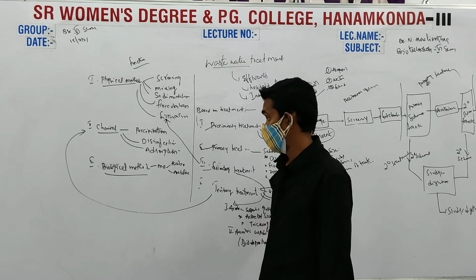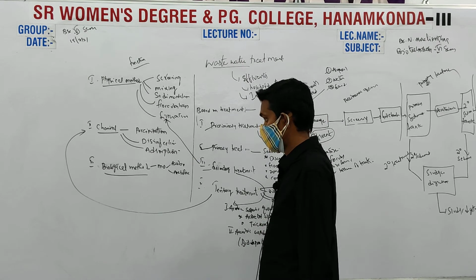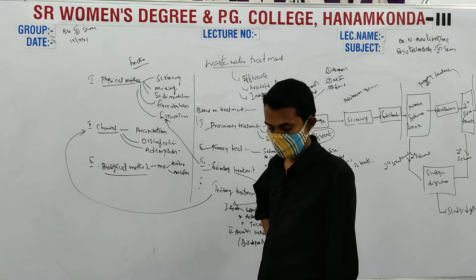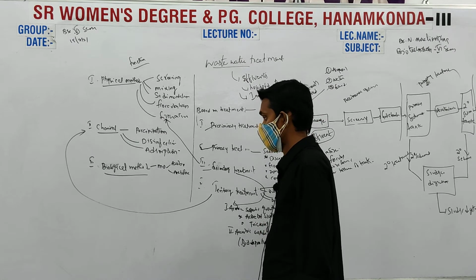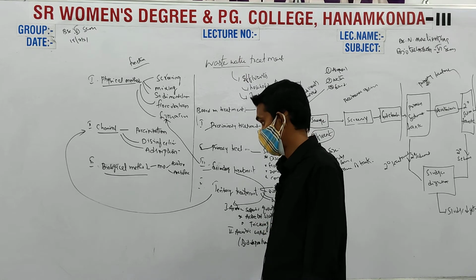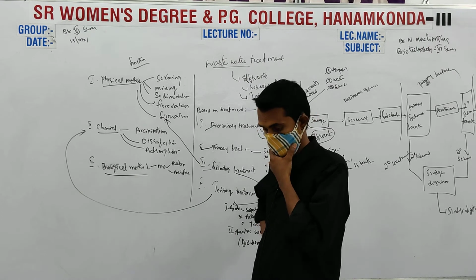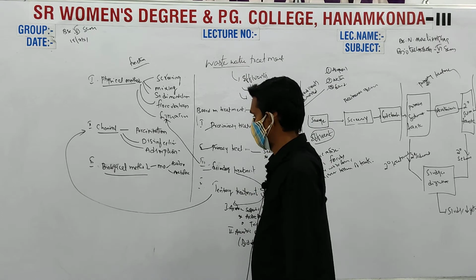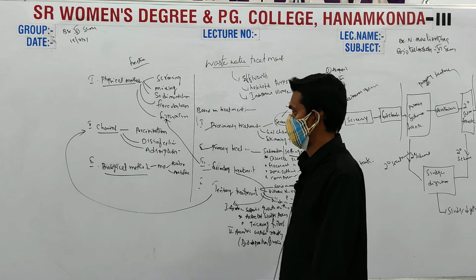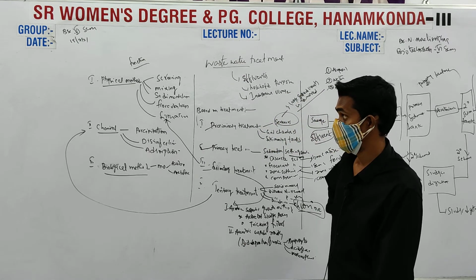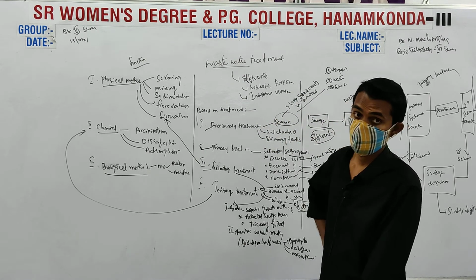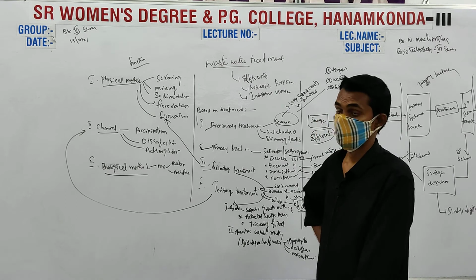And the last one is the biological method, which involves the use of microbial systems, either aerobic or anaerobic. So these are the three different methods based upon function, of how the wastewater is treated.